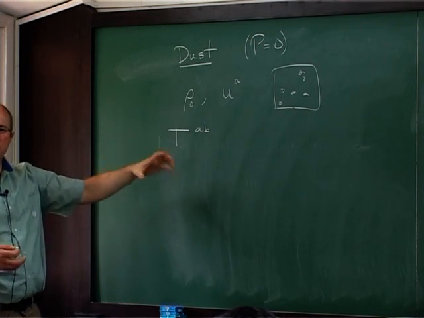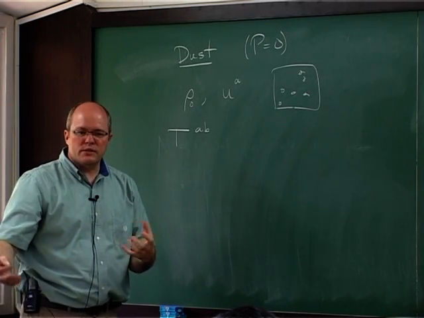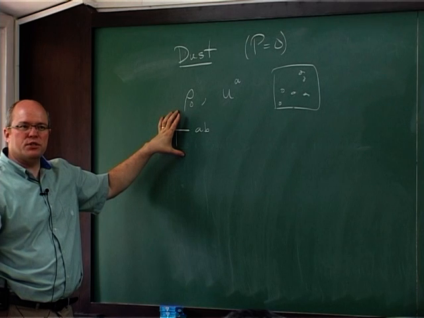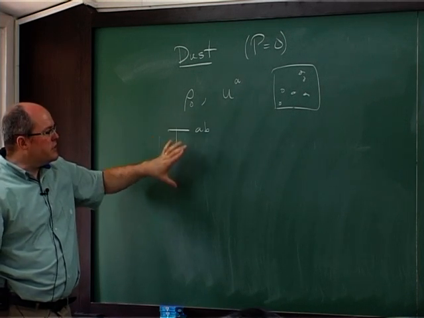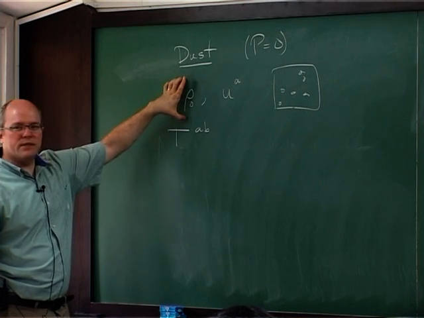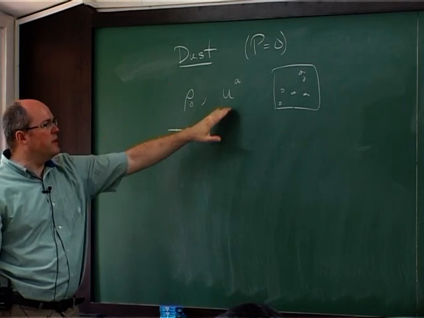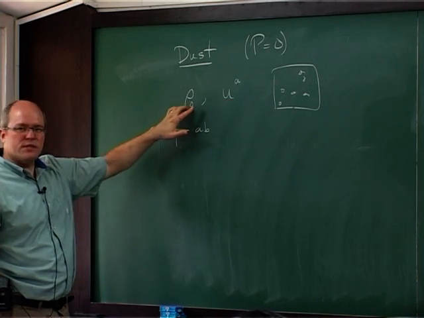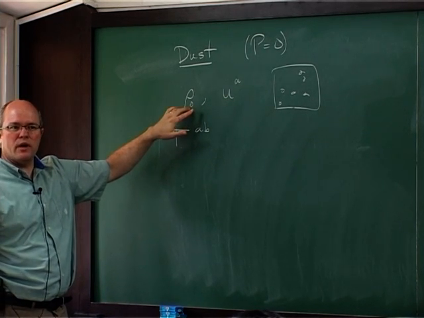That means that it has to have some form that no matter what coordinate system I'm in, it always contains the same information. And I'm going to build this covariant rank 2 quantity out of the only things that I have to work with, which is a vector, the 4-velocity, a covariant object, and a scalar, which is also a covariant object.